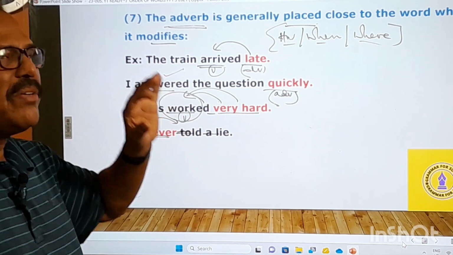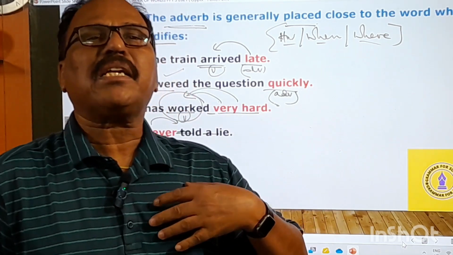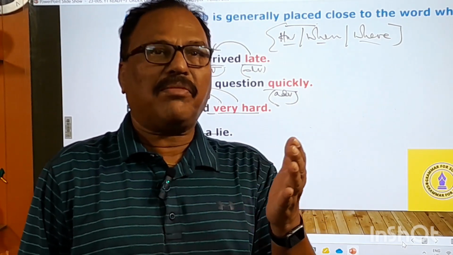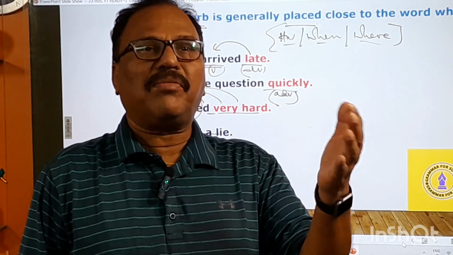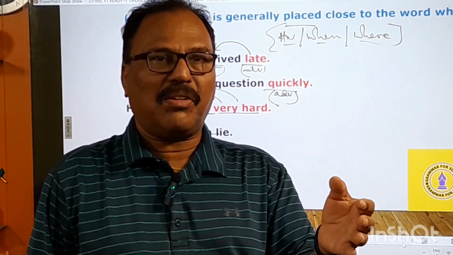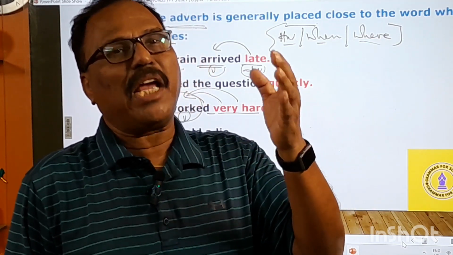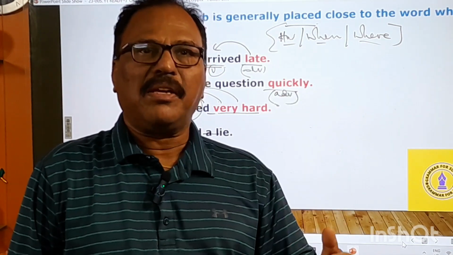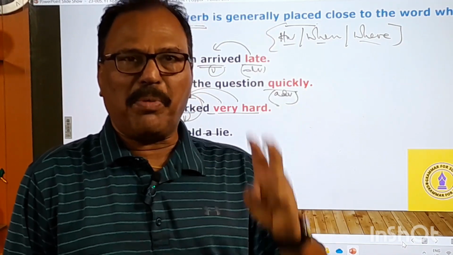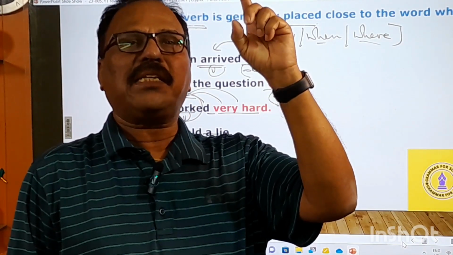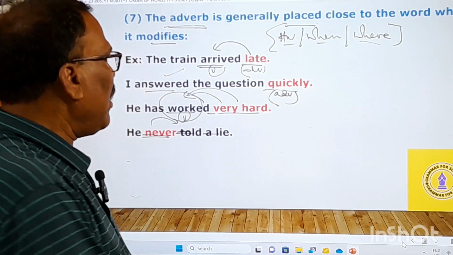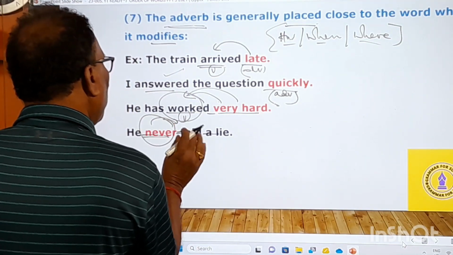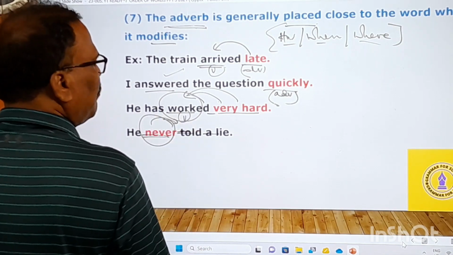Because some adverbs are placed immediately before the verb, especially in the simple present tense, in the simple past tense, and in the sentences with the helping verbs. In such sentences, certain adverbs will be placed before the verb only.